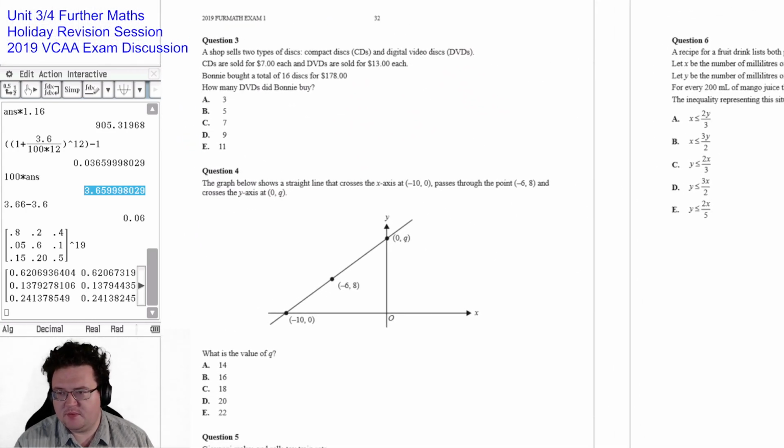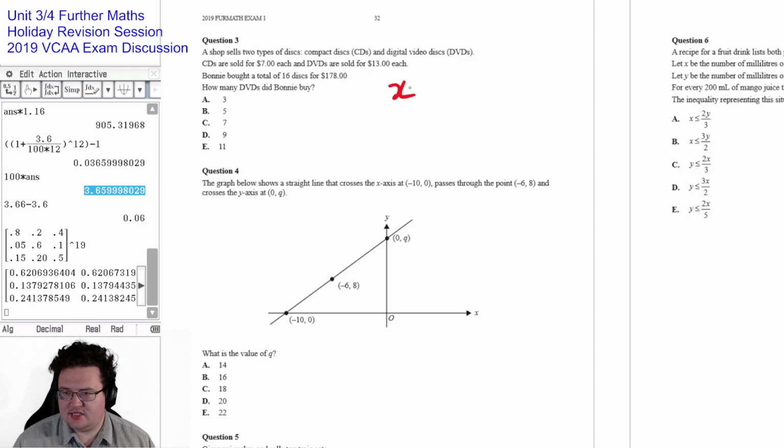A shop sells two types of discs, compact discs and DVDs. CDs are sold for $7 and DVDs are sold for $13. She bought a total of 16 discs. How many DVDs did she buy? So this is a simultaneous equations question.